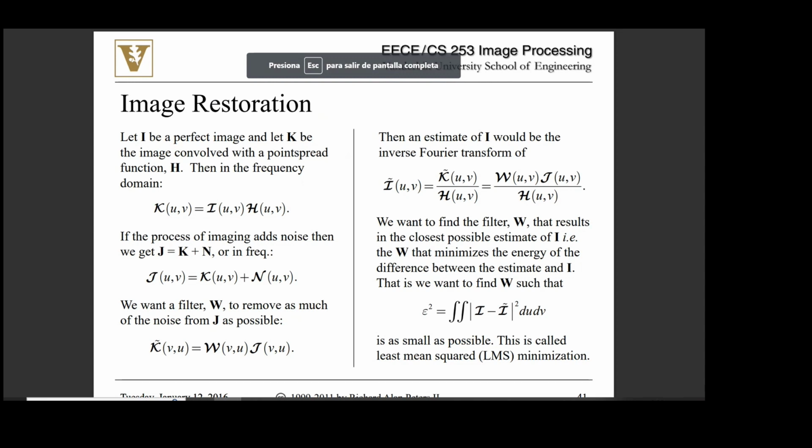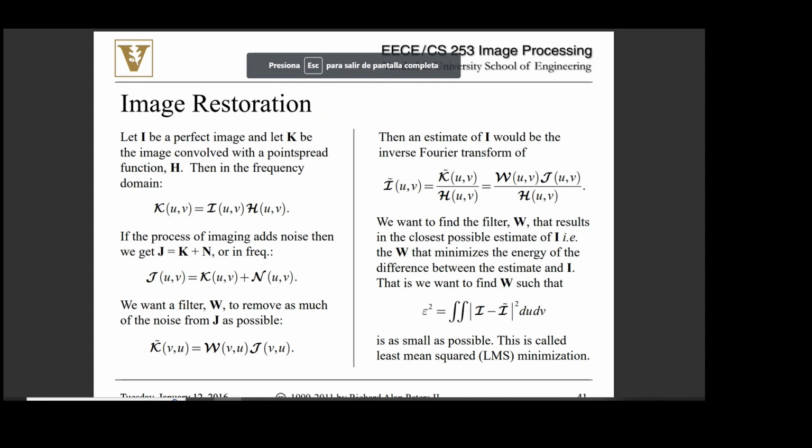Can I design a filter W that estimates K? K is I times H. Once you know K, you have estimated what K is, you can recover I by simply dividing by H.